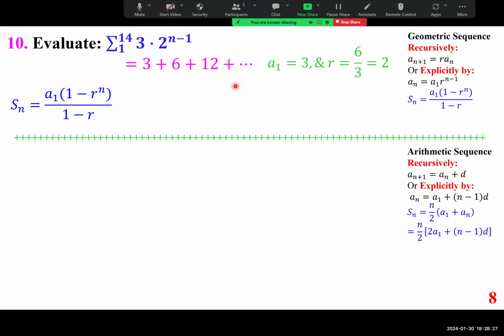Instead of writing them up and adding them up, we're going to change the n to 14. You have everything else. A sub 1 is 3, r is 2.